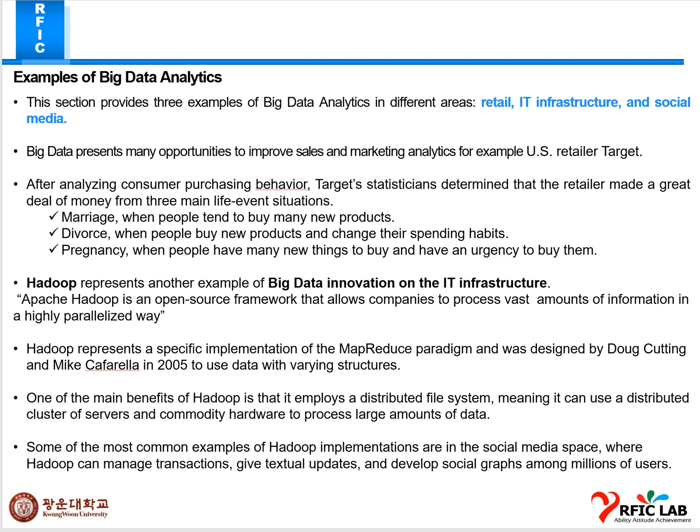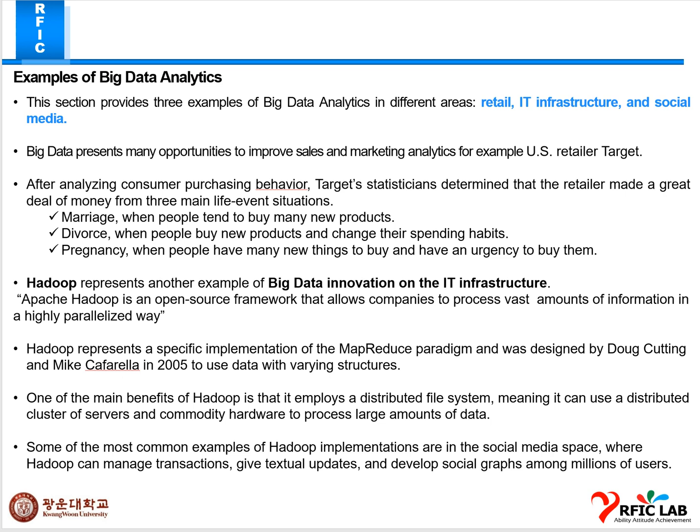Now, Hadoop is an example of big data innovation in IT infrastructure. Apache Hadoop is open source, no license is required, and companies process vast amounts of information; it is highly parallelized. One benefit of Hadoop is that it employs a distributed file system, data is in clustered form, and it uses commodity hardware to process large amounts of data.